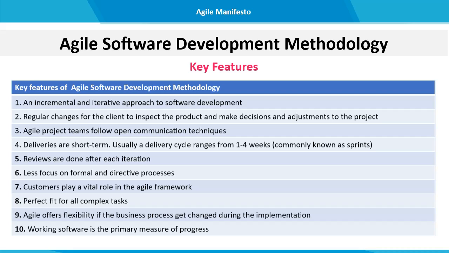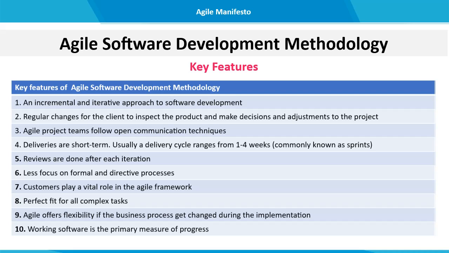Deliveries are short term, usually a delivery cycle ranges from 1 to 4 weeks. Reviews are done after each iteration. There is less focus on formal and directive processes. The customer plays a vital role in the Agile framework.